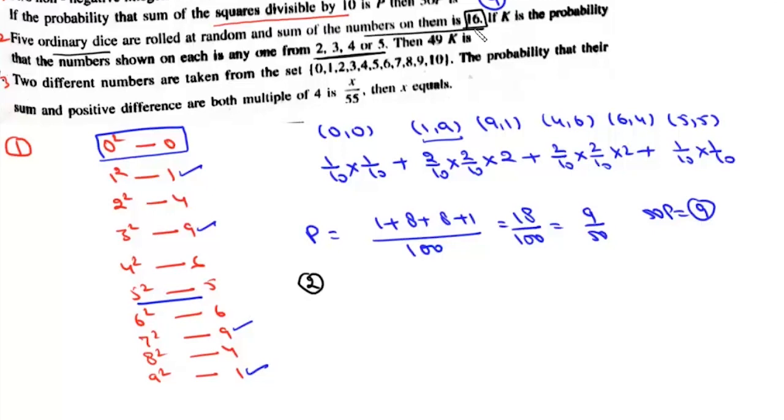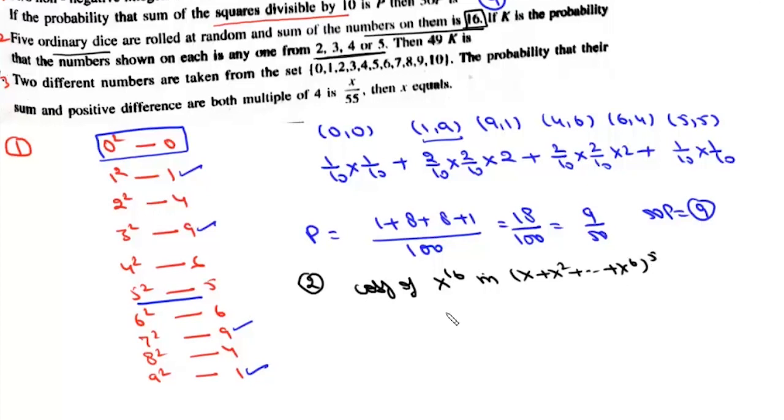Now what we'll do is first find the total number of ways in which we can get a sum of numbers on 5 ordinary dice as 16. Now we have to use binomial, so we need to find the coefficient of x to the power 16 in the expansion of (x plus x square plus ... plus x to the power 6) to the power 5.